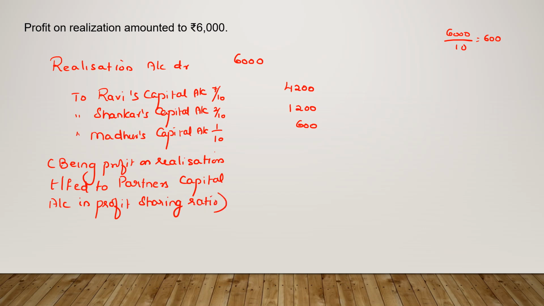If it was a loss, reverse entry would be passed. If instead of realization profit, it was a loss on realization, you would debit the partners' capital account, credit the realization account in the profit sharing ratio. Hope the concepts are clear and the journal entries are clear.